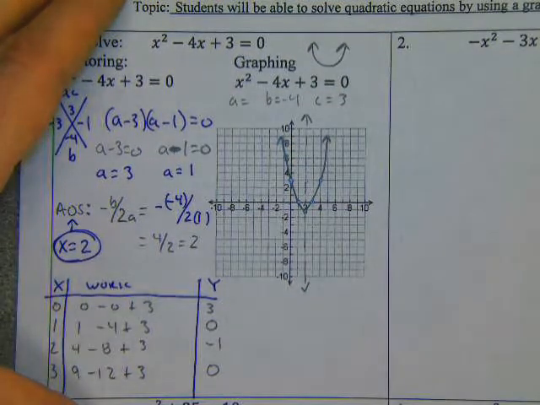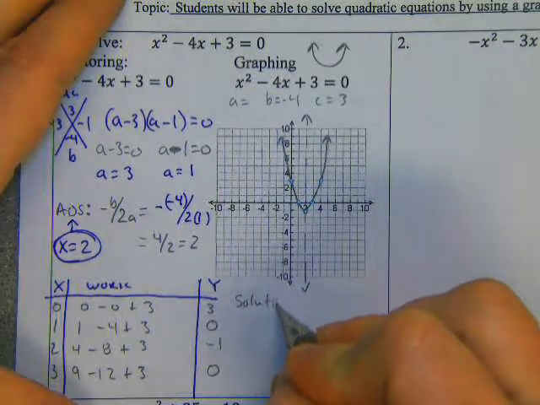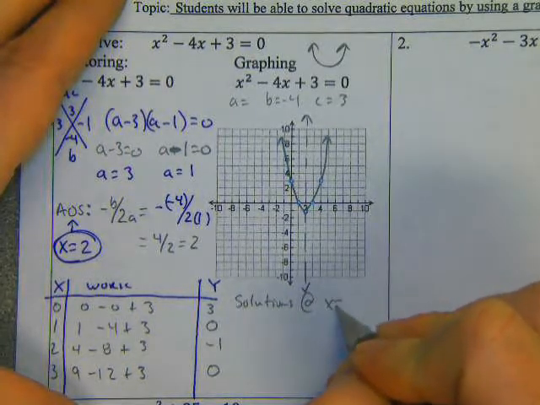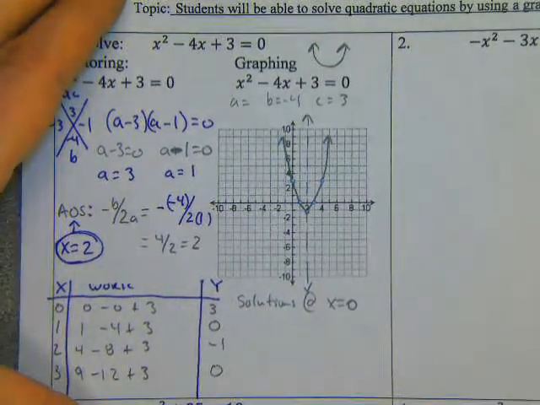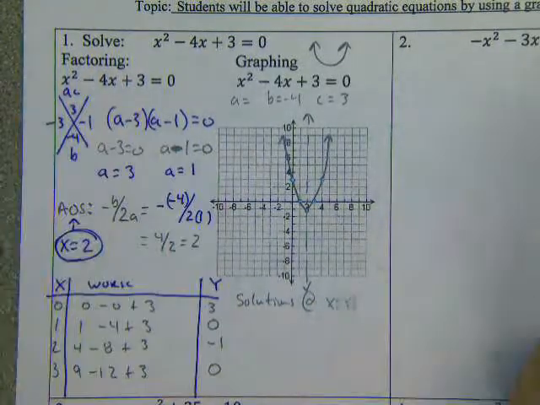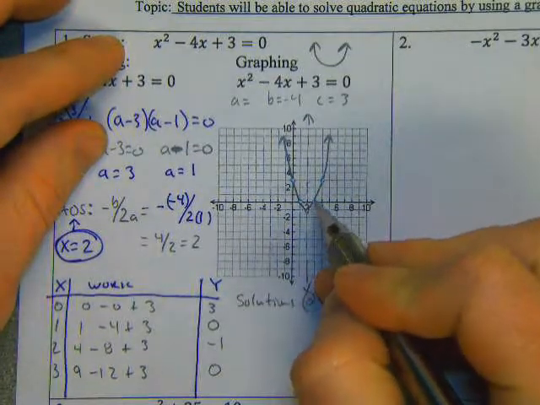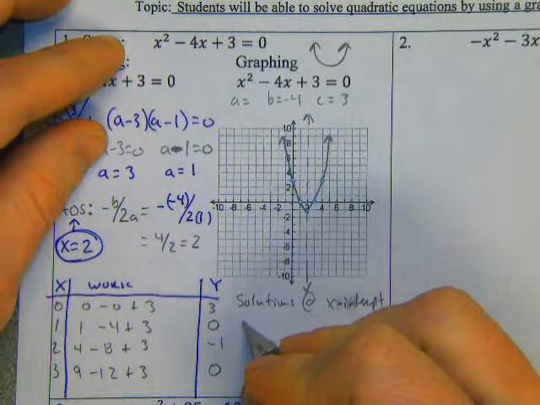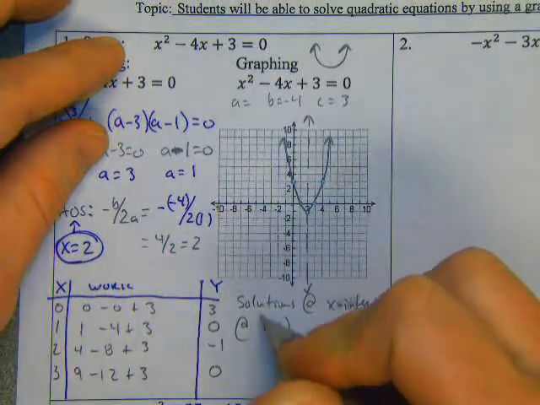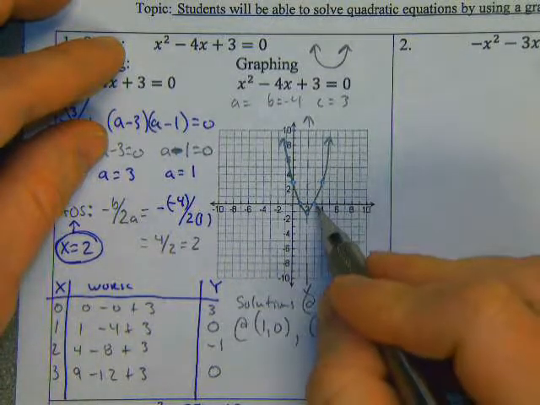Now the solutions exist at y equals 0. Solutions at the x-intercept, which would be right here, at 1 comma 0, which is that point right there, and 3 comma 0, which is that right there.